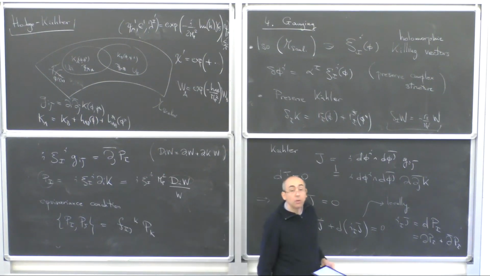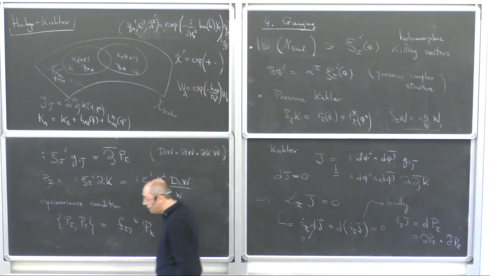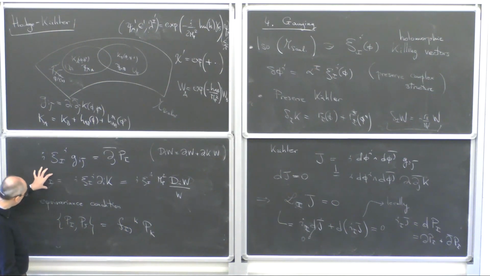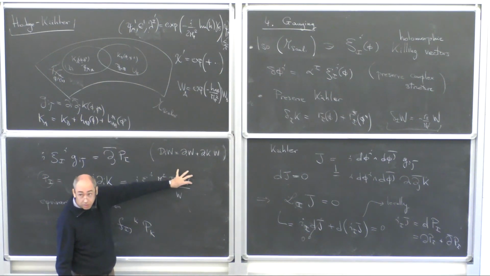So if you turn on one, you will turn on the other one as well. So generically in supergravity, of course there are exceptions, whenever you have D-term breaking, so this is non-zero, you will have F-term breaking, and vice versa.